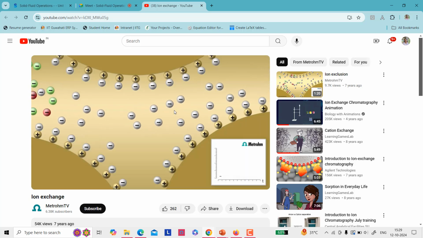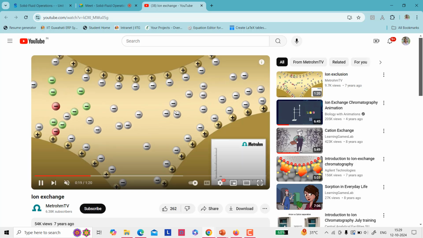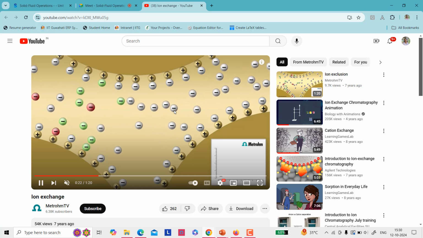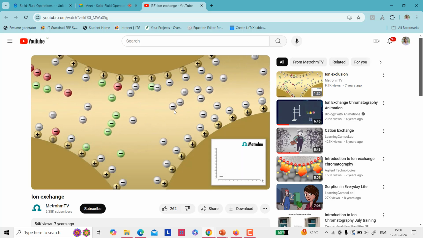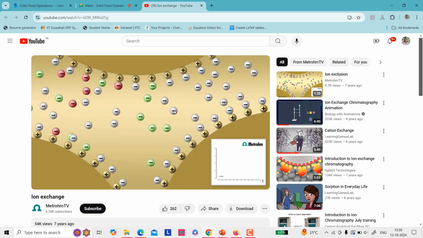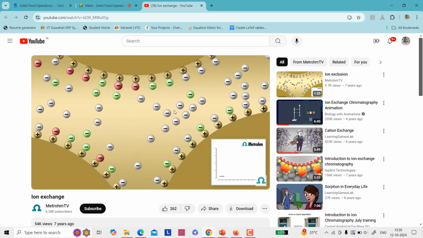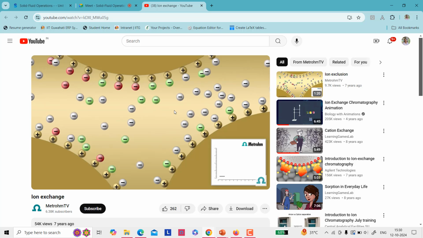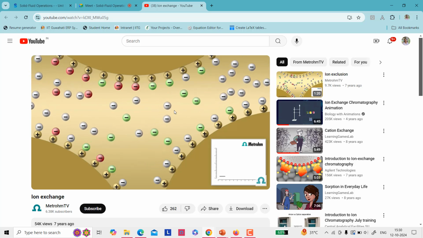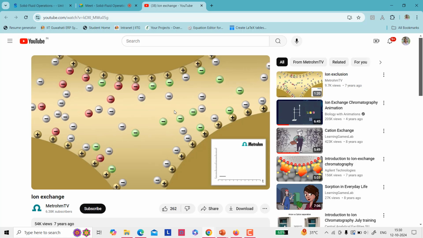Now you can see that when a new solution is coming, they are replacing the white anions, right? You can see that red anions are replacing the white anions. Red and green anions are replacing the white anions, right? So they are exchanged. They are replacing the molecules and getting attached. So you can see how they are replaced.